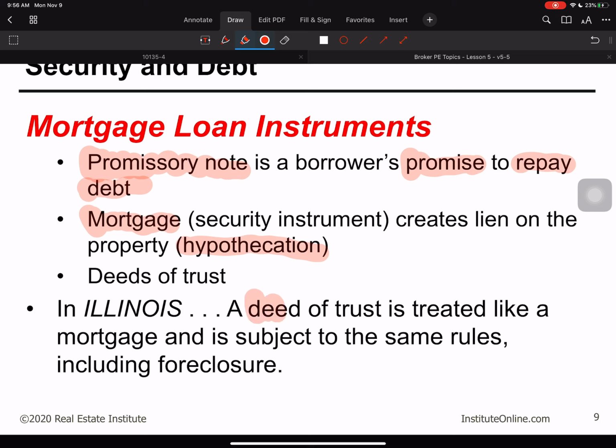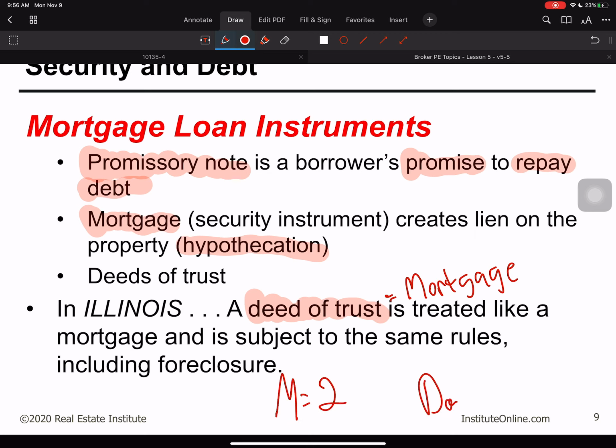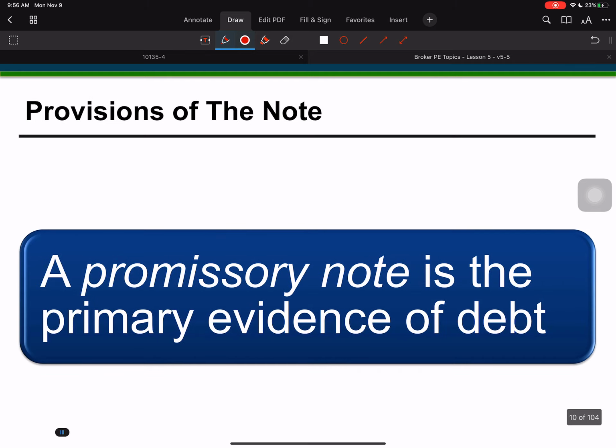So a deed of trust, which is a vocab word, you guys could put this in your notes, equals mortgage. And one thing we'll remember is a mortgage has two parties, and a deed of trust has three parties, and we'll find out who they are shortly.